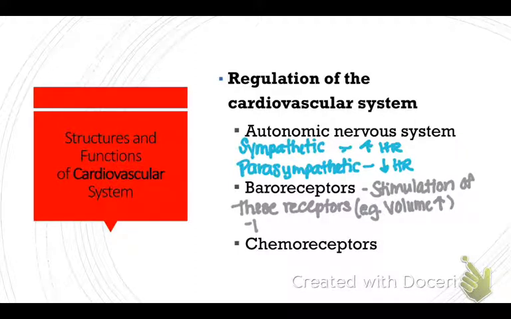You've got your baroreceptors, and your baroreceptors are found in the aortic arch and the carotid sinus, and they are sensitive to stretch and pressure. They're receptors, right? So your body can sense overload or increase in fluid, and it will send information to the vasomotor center in the brain. And this can result in temporary inhibition of the sympathetic nervous system.